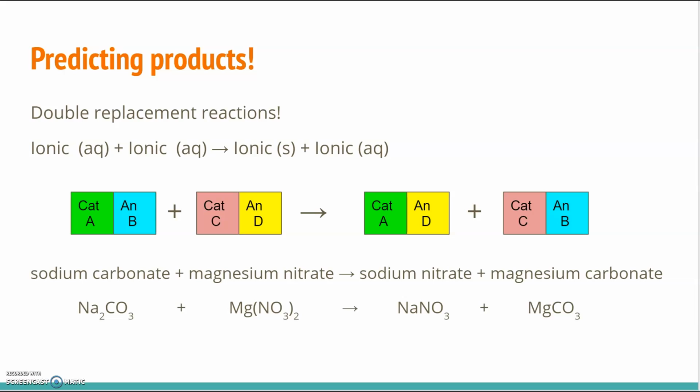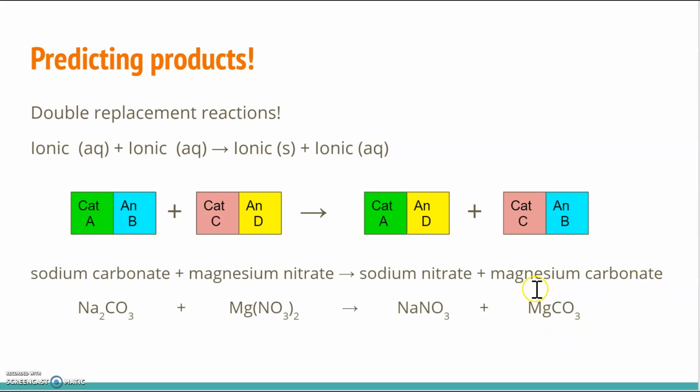And we can also write those like we did in the last lab with the chemical formulas. So Na2CO3, because it was +1 -2, so this is the formula. Magnesium is +2 and nitrate is -1, so this is the formula. Sodium nitrate is +1 -1, so this is the formula.